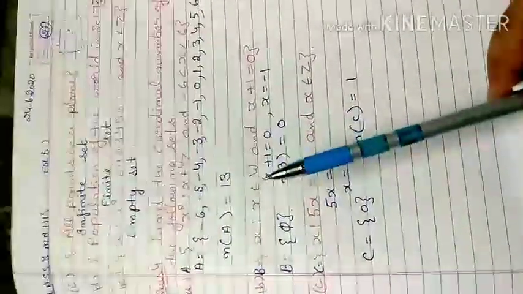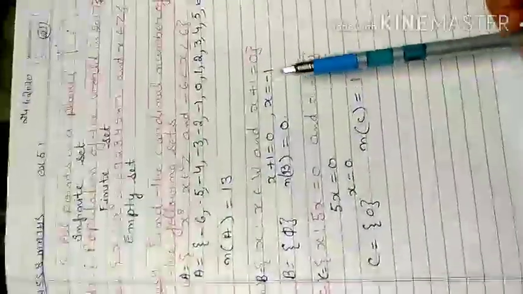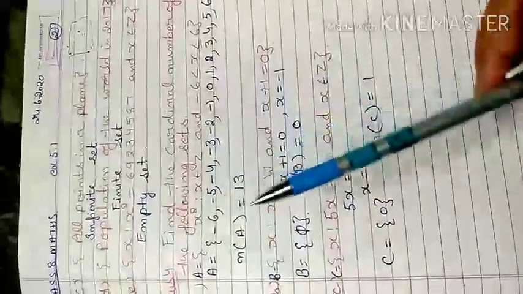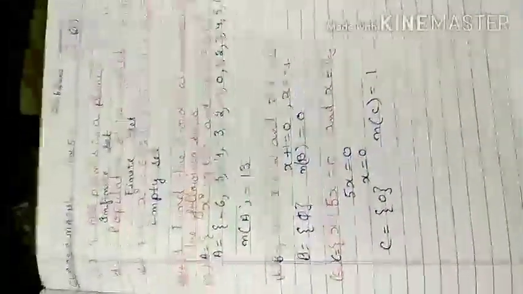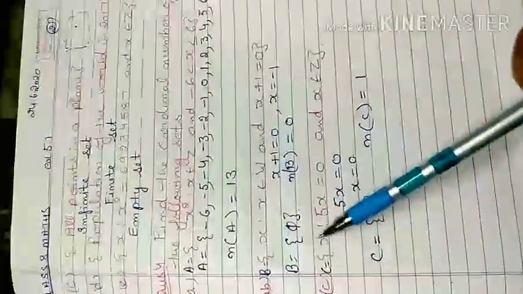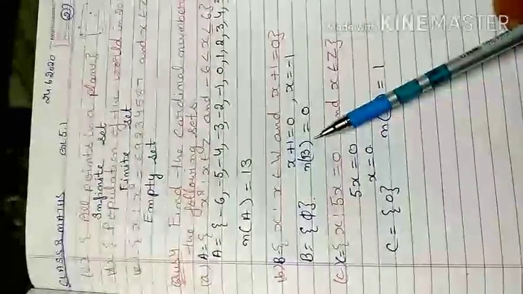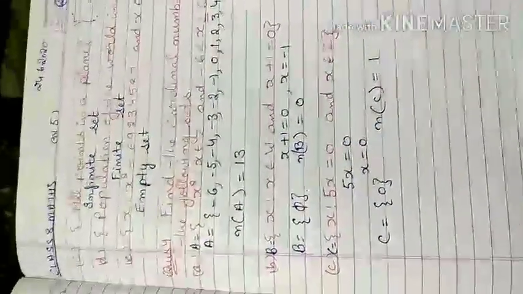If x belongs to whole number, x plus 1 is equal to 0. If I find the x value, that is -1. -1 is not part of the whole numbers, so there is no element of x that is a member of B. So the cardinal number of set B is equal to 0.